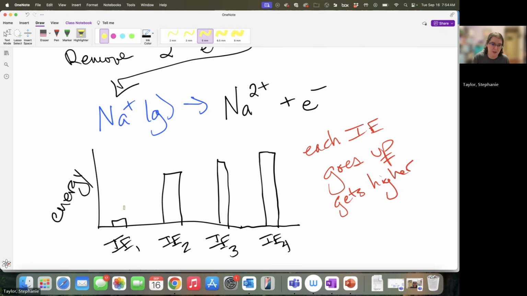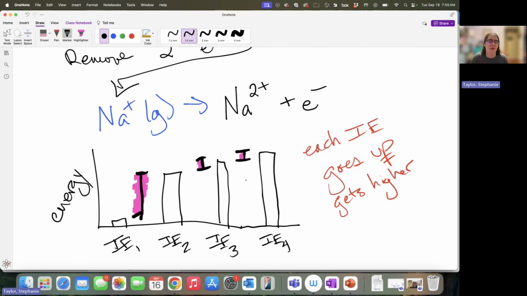Second, look at this difference. I don't know if you can see that. That's yellow. Let's use a different highlighter color. We'll just use pink. Look at this difference in between my bars. Anyway, moving forward. There's this difference in between my bars.